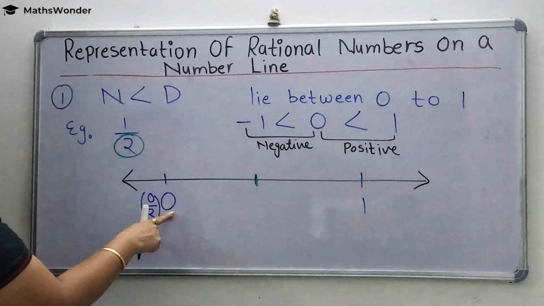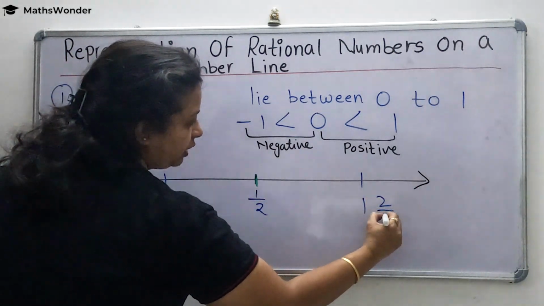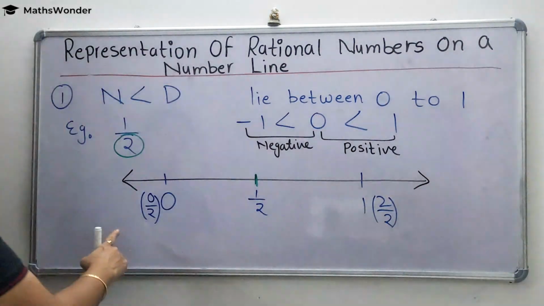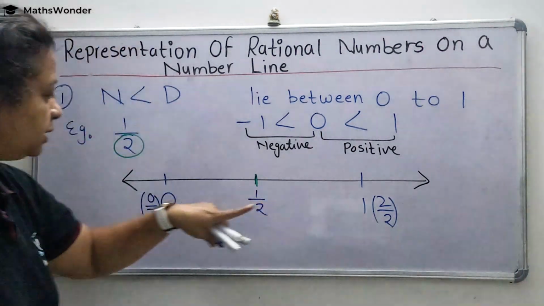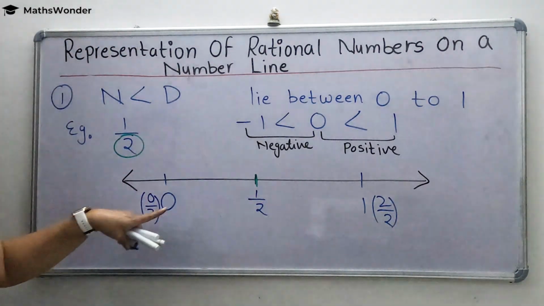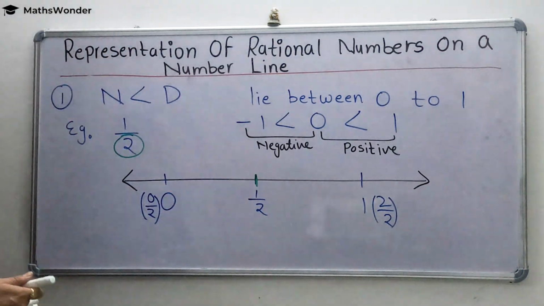So 0 over 2 means 0, then 1 over 2, and then 2 over 2. The denominator is always the same: 2, 2, 2. Start 0 over 2, 1 over 2, 2 over 2. 2 over 2, when you simplify, you get 1.